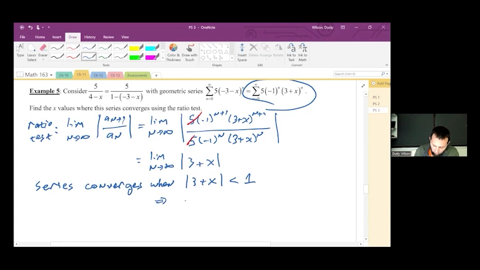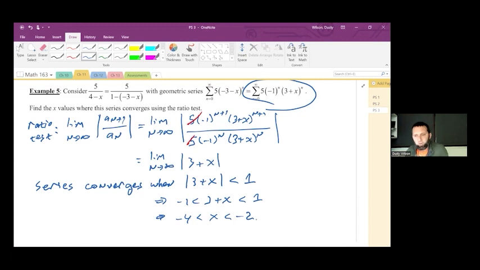That is, when negative 1 is less than 3 plus x is less than positive 1, or if we subtract 3 from each part, that would be when negative 4 is less than x is less than negative 2. And so the series converges between negative 4 and negative 2 by the ratio test. You might ask what happens at negative 4 and at negative 2, because at those places it would be 1.